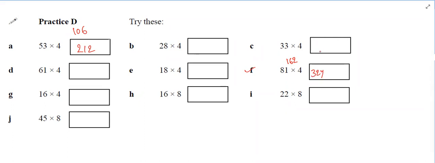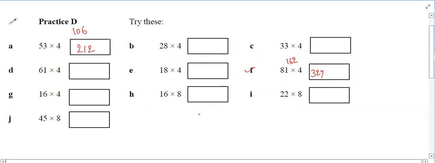Bhargav, your question is J. Sir, 45 into 8, that is 360. Explain using the doubling technique. That thing we'll see later.